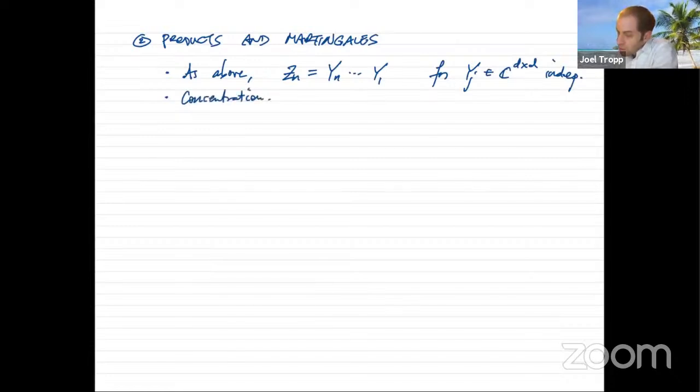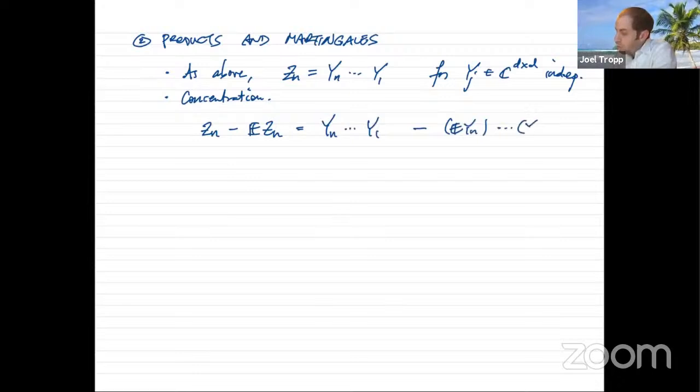And what I'd like to observe is that the difference between this random product Zn and its expected value can certainly be written as the difference between the product of the random matrices and the product of their expectations, because I'm assuming that everything's independent. I can pass each of the expectations onto its appropriate factor.